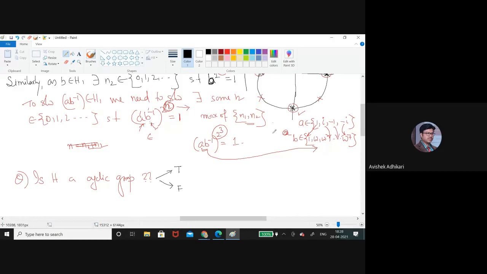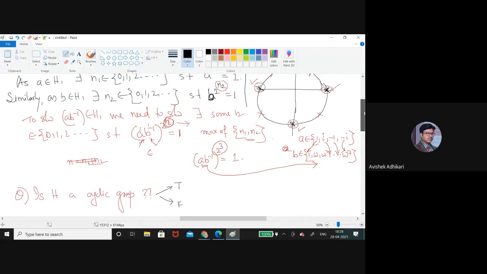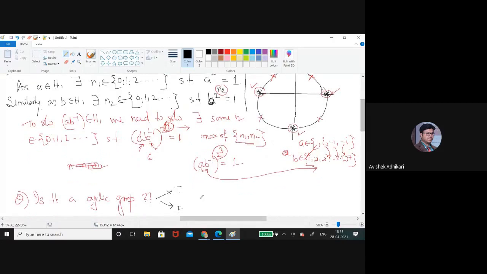So what you can see is that H is basically the union of H of 2 to the power 0, H of 2 to the power 1, H of 2 square, and so on. You can see it's endless.